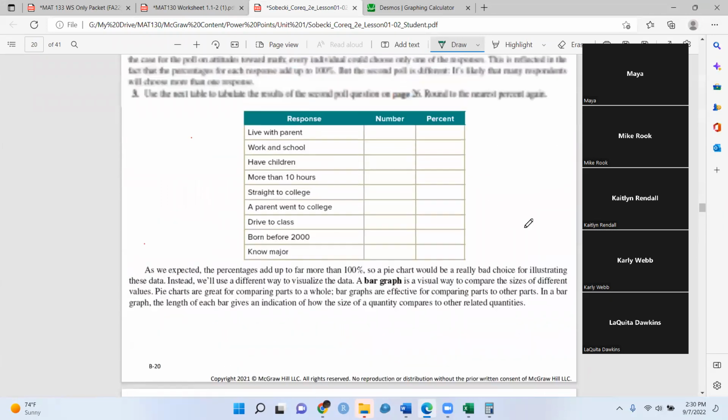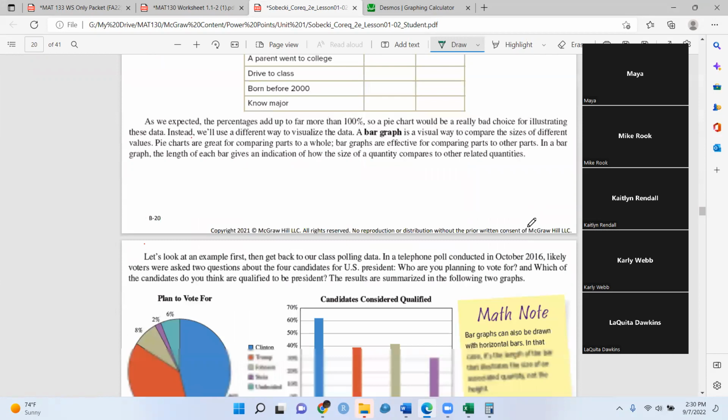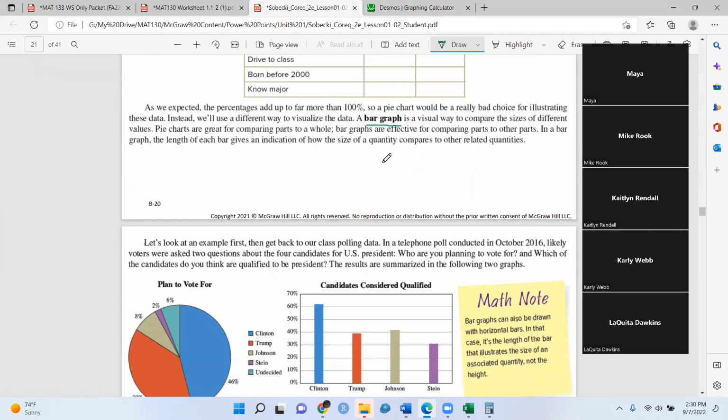Okay, there's another type of chart. It's called a bar graph, and it's a way to compare the sizes of different values. So pie charts are only useful when you're comparing parts to a whole, because everything has to add up to 100%.